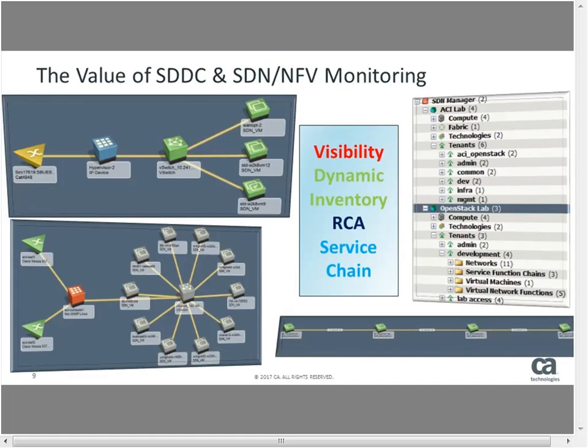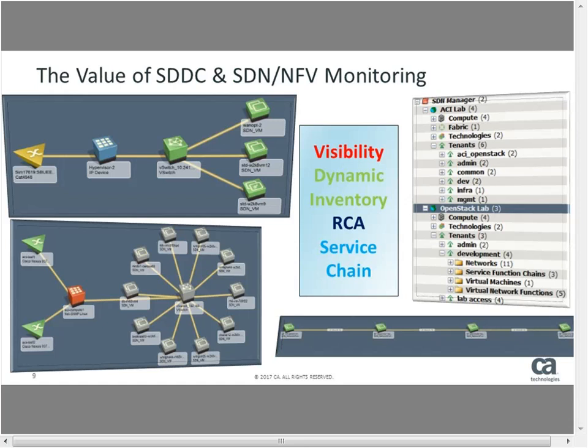Whatever we are talking about on this slide is an extension of the next slide we talked about, which means giving you more visibility into how your inventory looks, how it is connected, what is physical, what is virtual, what the relationships between them are, and dynamic inventory update.